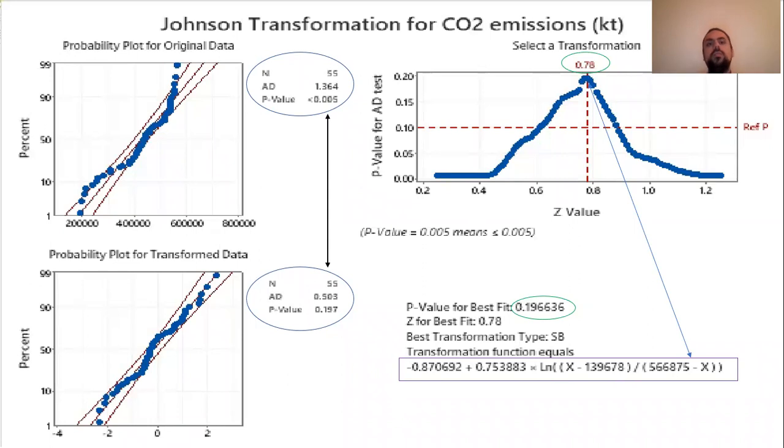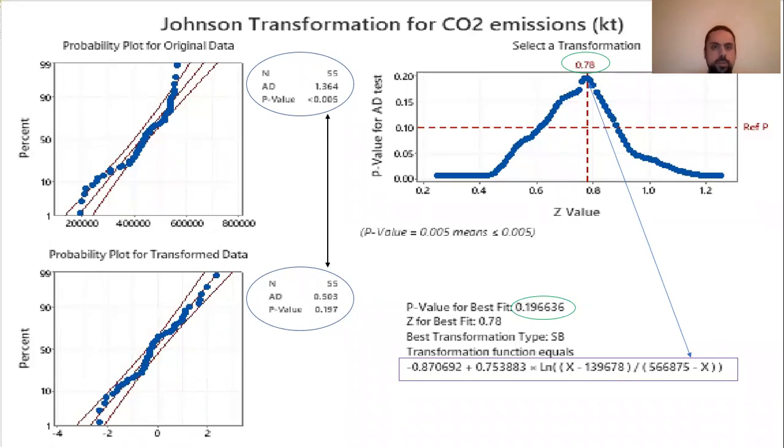So if we want to have normal data, one of the factors is that it should be small, but it's not a sufficient factor. It's only one. So if we compare before and after the transformation, before the transformation the Anderson-Darling is 1.364, and after that it is 0.503. So its spread is reduced significantly.